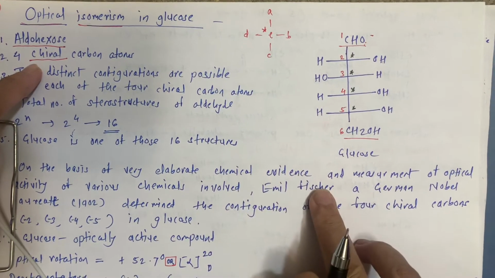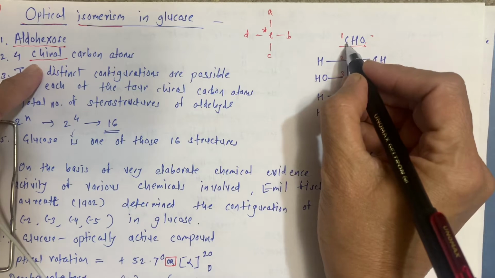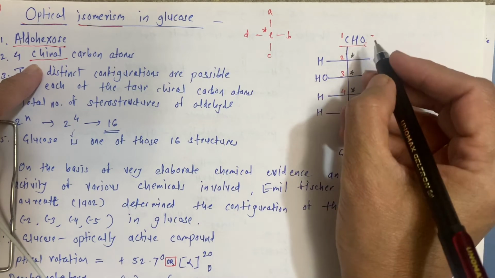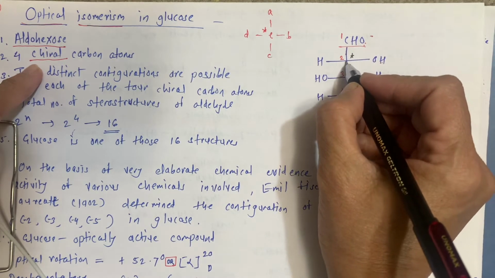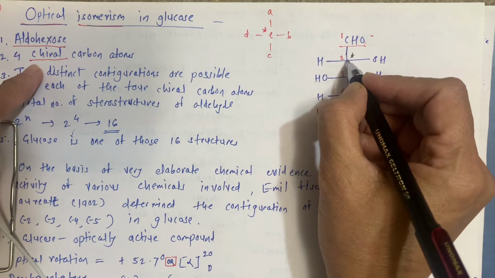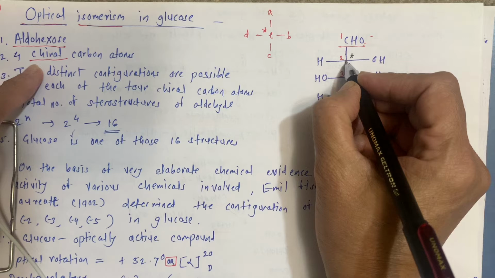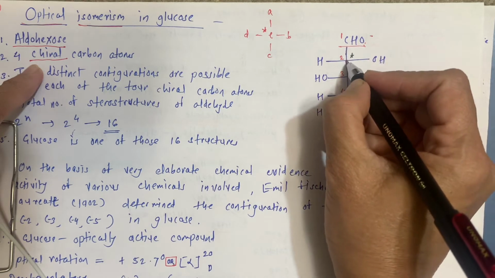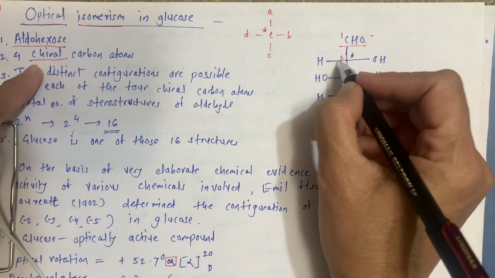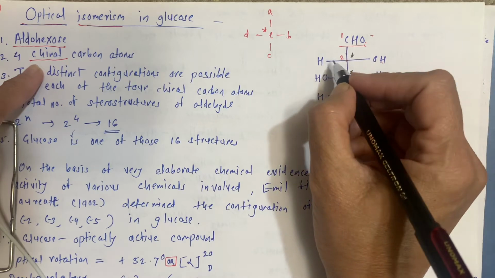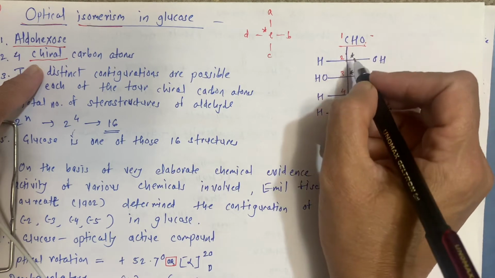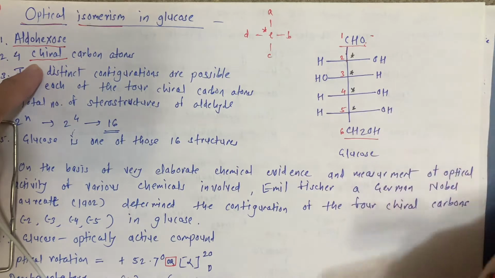So here, this is our first carbon, which is the aldehyde group. Now the next carbon is at this position. This is our structure where C is not written, only the vertical and horizontal lines, and then we are writing HOH and whatever other groups are there.